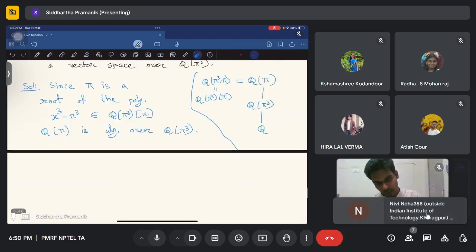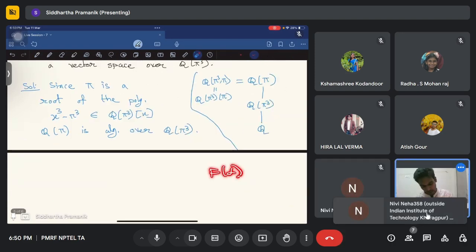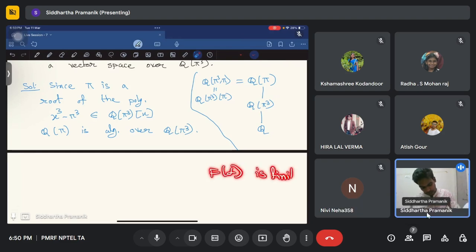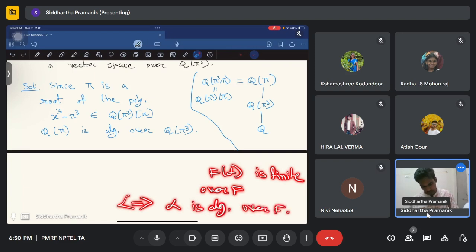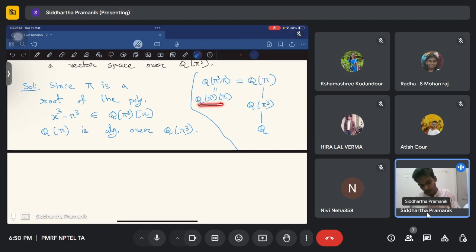Basically, F(alpha) is finite over F if and only if alpha is algebraic over F. That is the same thing which we are using here. So Q(pi^3) attached with pi is algebraic over Q(pi^3) because pi is algebraic over this field.